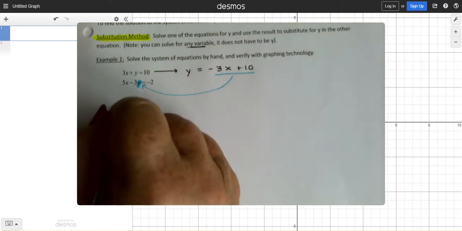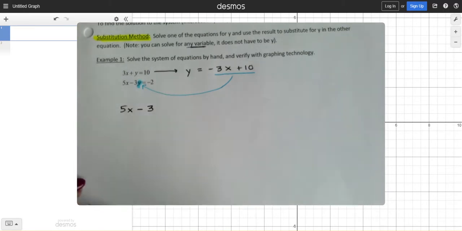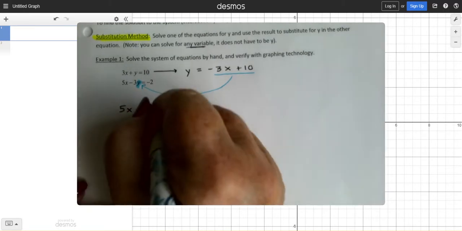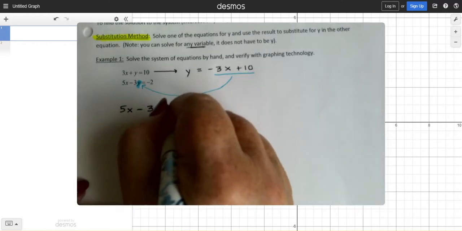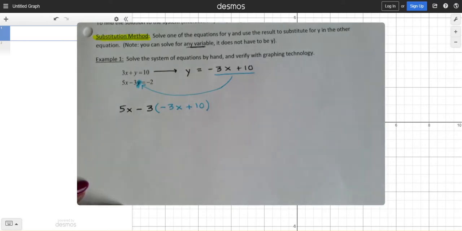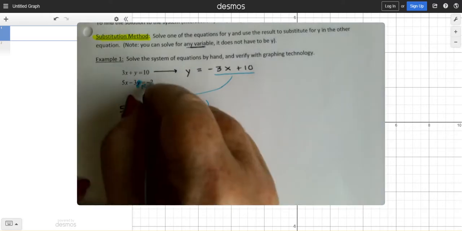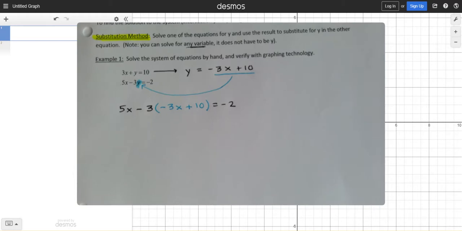So my second equation now becomes 5x, subtract 3, multiplied by, instead of writing y, I'm going to put in what y equals, negative 3x plus 10. And that is supposed to equal negative 2. All right, I've got a little algebra problem to solve here.